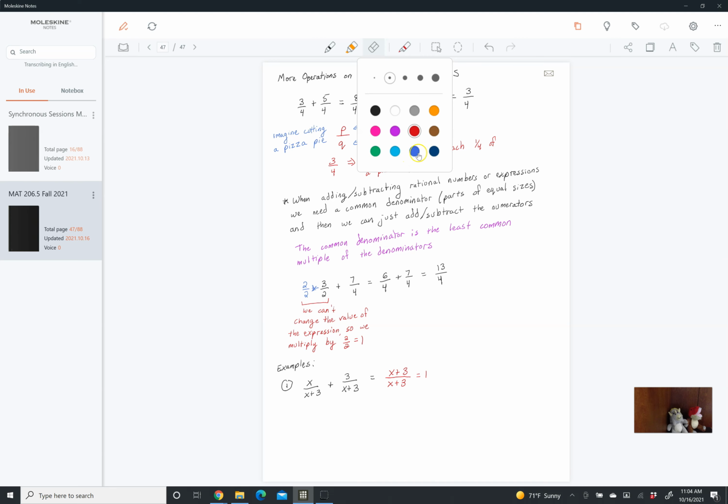So we already had a common denominator. So we just add the numerators.